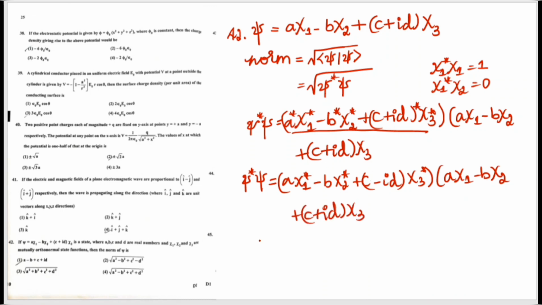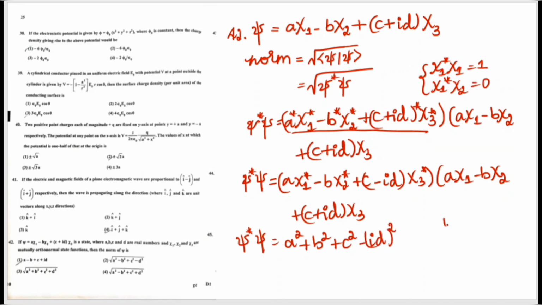Now on multiplying and using these conditions, I get psi star psi equal to a into a, which is a square, minus of minus plus b into b, which is b square, plus c into c, which is c square, minus i d plus i d, it will be minus i d whole square.